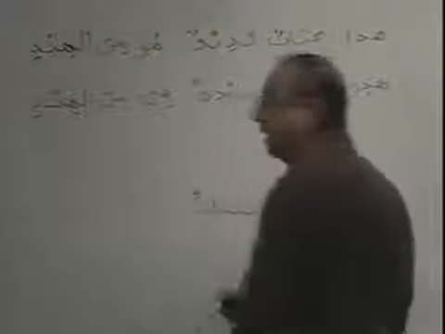Hazihi sa'atun jamilatun. What is Hazihi? Mubtada. Why did you use Hazihi and not Haza? Because sa'atun is a muannas. So mubtada and khabar should match. Okay? And then of course, jamilatun is a naat. It will match man'ut. Sahi?